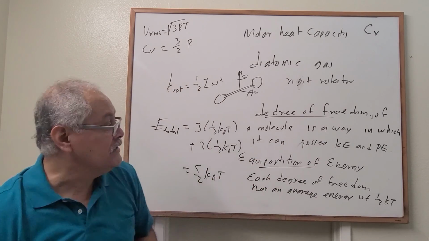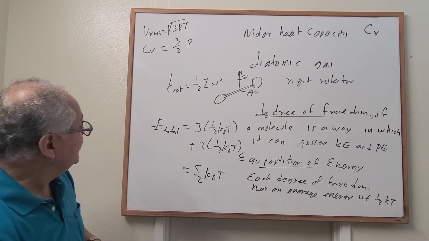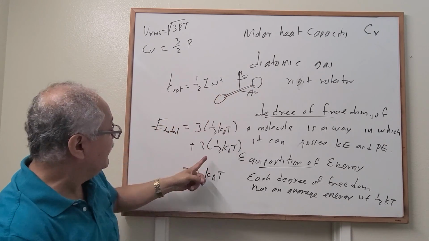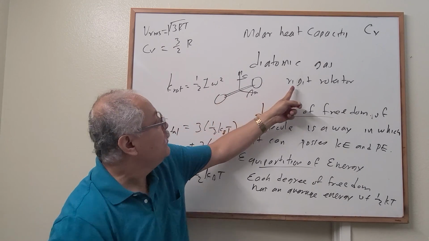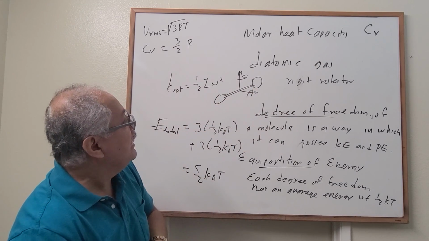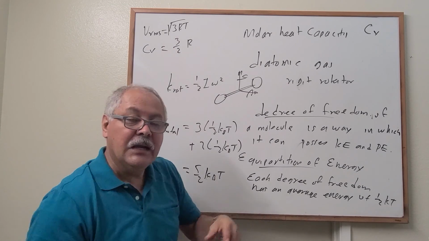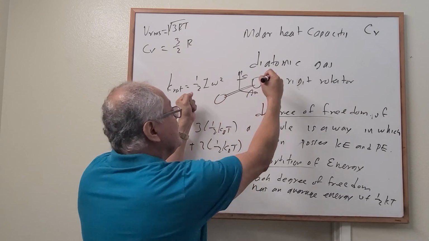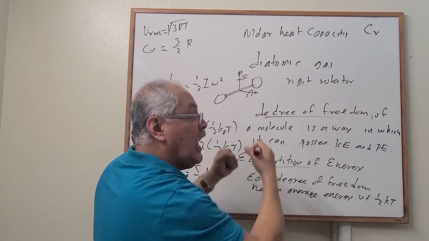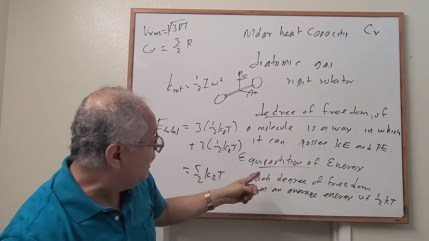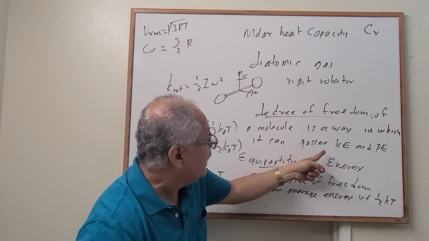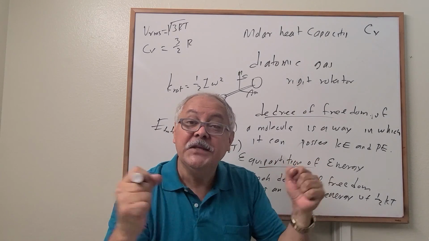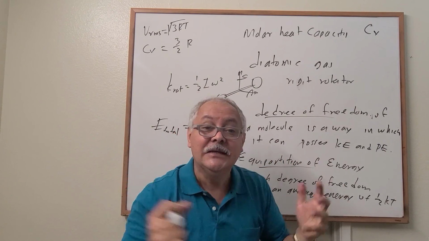This is again for diatomic, when we have a rigid rotator. When we increase the temperature, it is no more rigid. Now it's going to vibrate, so we have 2 more degrees of freedom, because we have kinetic and potential energy for the spring. Imagine that it behaves as a spring.